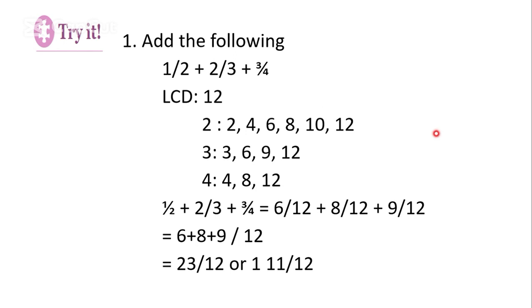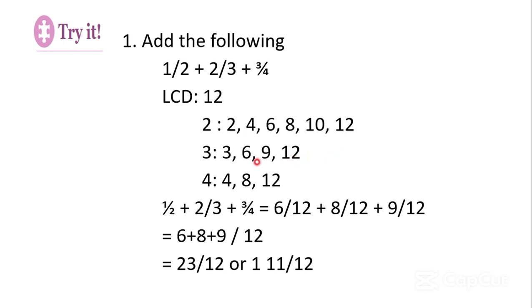If you still cannot find the common multiple of the 3 denominators, you may keep adding by 2. For 3, you need to add by 3. 3 plus 3, 6 plus 3, 9 plus 3, 12, and so on.